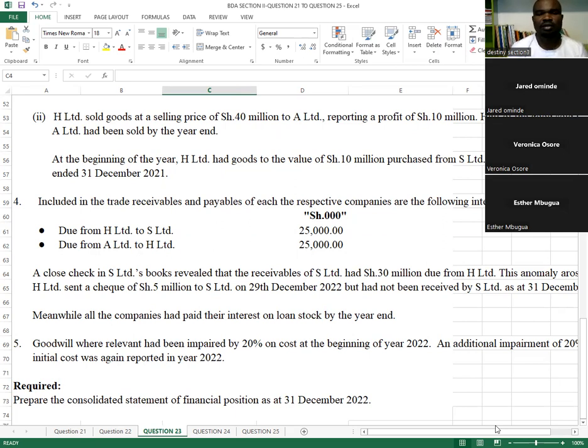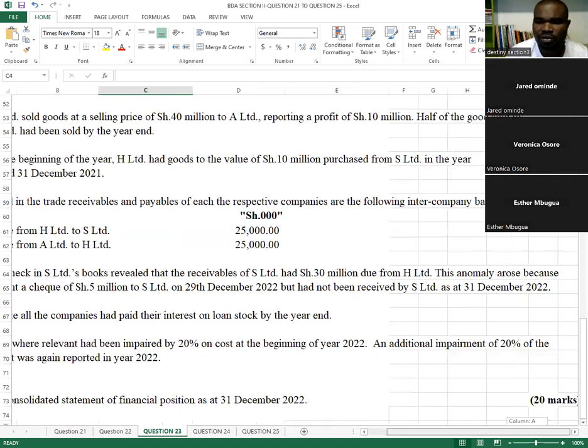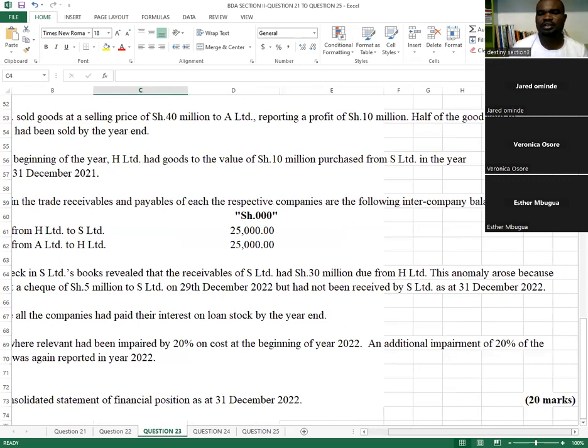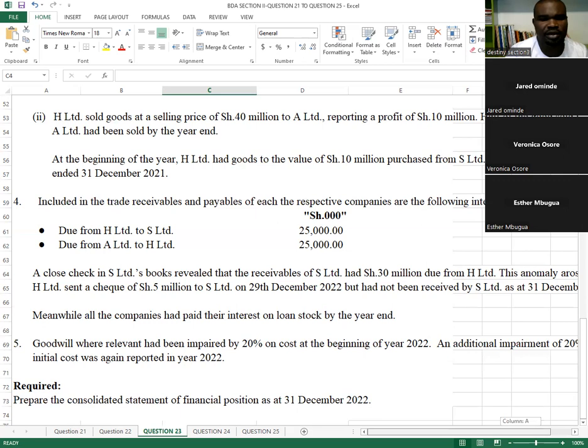Meanwhile, all the companies had paid their interest on the loan stock. Goodwill, where relevant, had been impaired by 20% on cost at the beginning of the year 2022. An additional impairment of 20% of the initial cost was again reported in the year 2022.